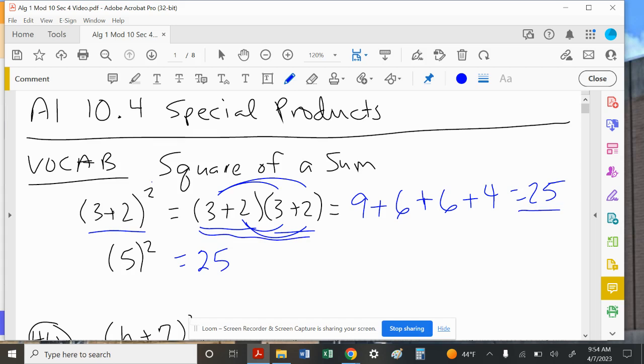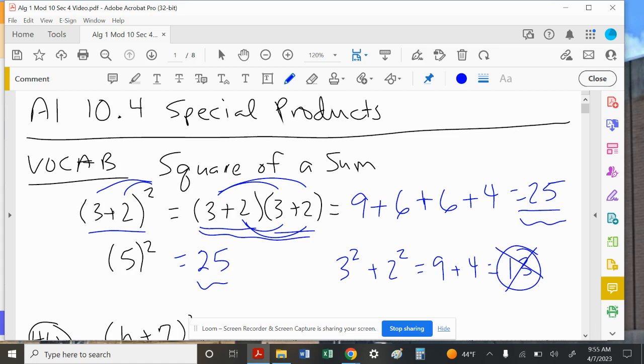Normally you think, oh, I can distribute the square through, because we've learned that before. So I get 3 squared plus 2 squared, which is 9 plus 4, which is only 13. Notice that is not the right answer. That is not the same answer we get doing it the other two ways. So what that tells me is that we cannot do this type of shortcut.